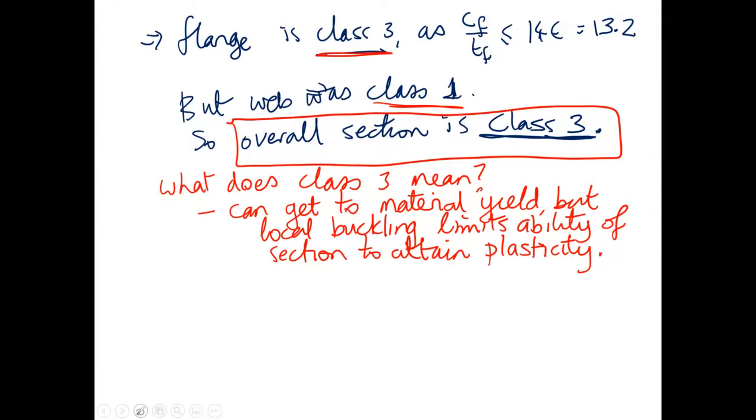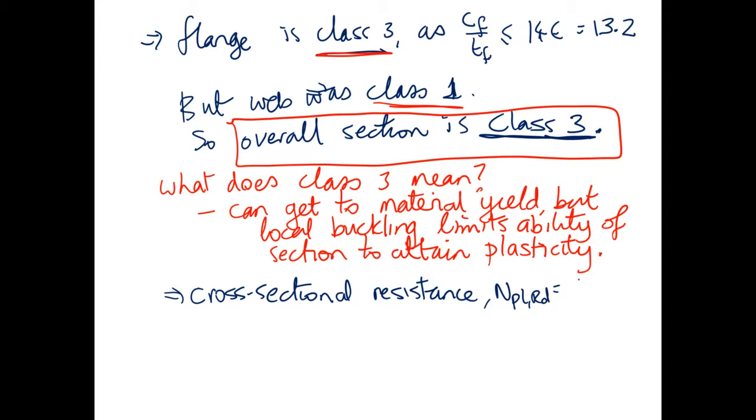When we're talking about members in compression, that doesn't really change the formulas. It just implies that the cross-section resistance for the member is going to be just the elastic resistance, which is the cross-sectional area times Fy. So for a class 1, 2, or 3 section, the fact that it's class 3 doesn't really impact it.